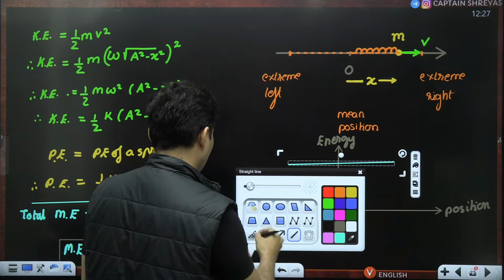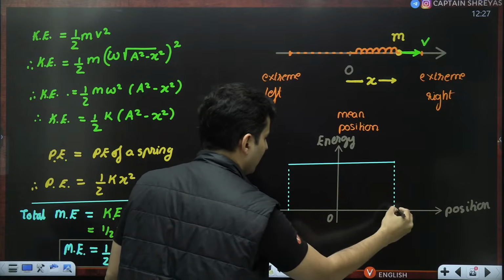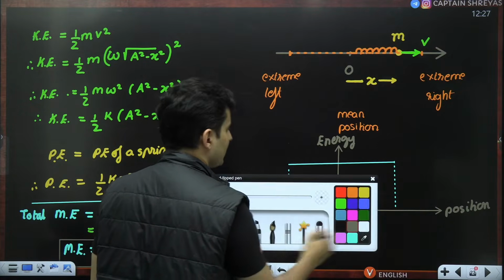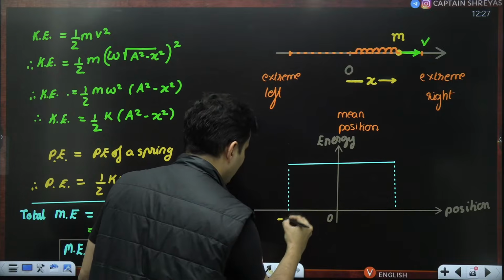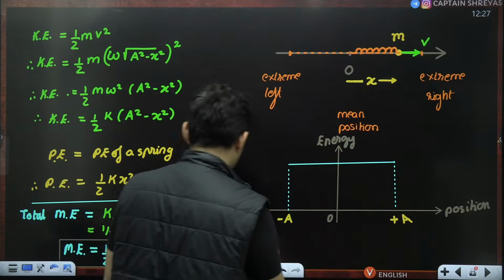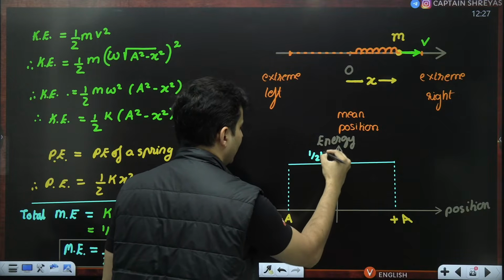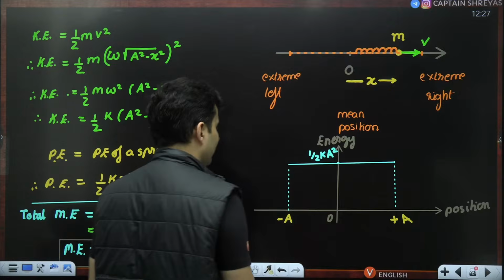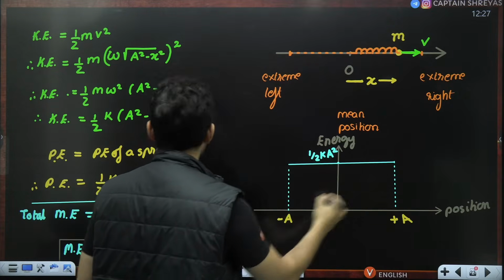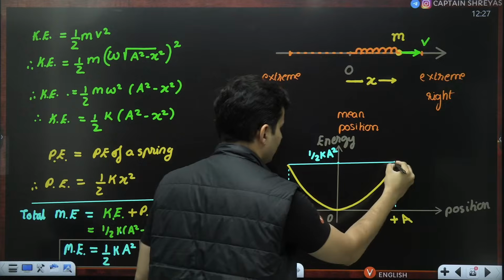And it will obviously be till here and till here. This is x equals to minus a. This is x equals to plus a. The value at which this cuts the energy line is half k a square, which is the energy of SHM. And spring potential energy will be like this.